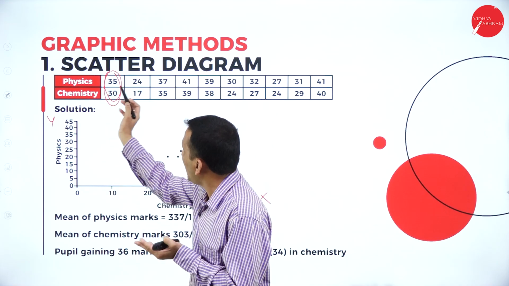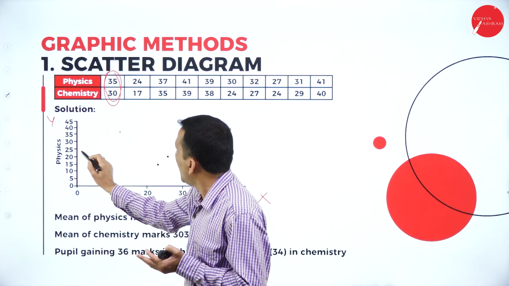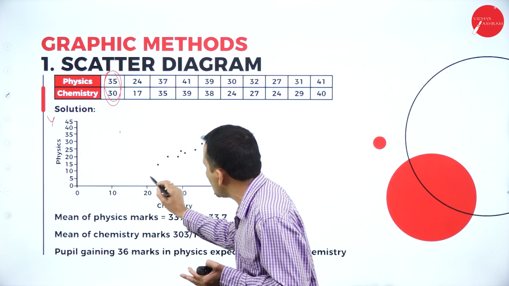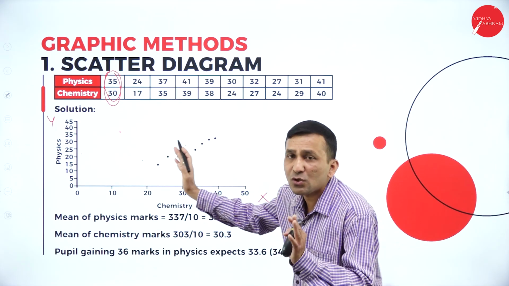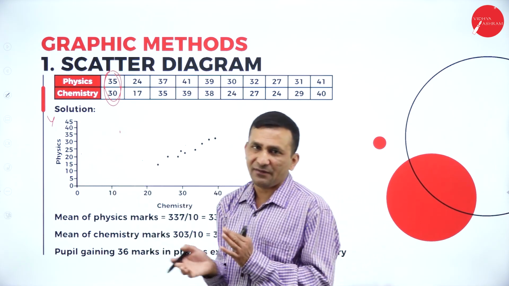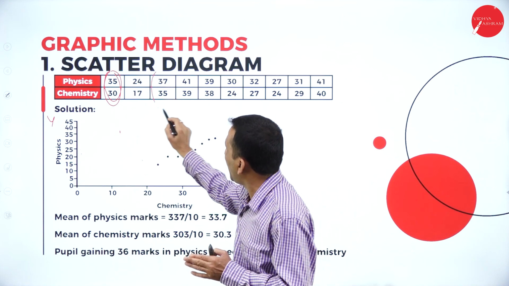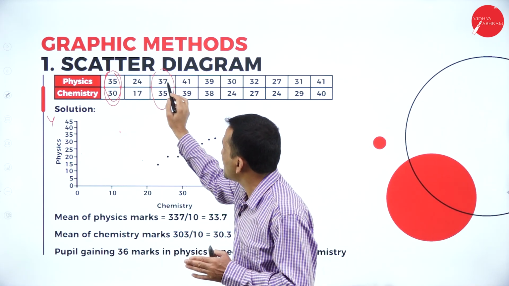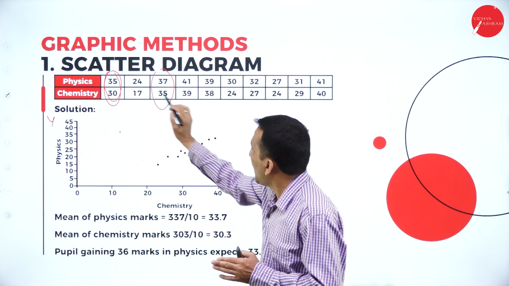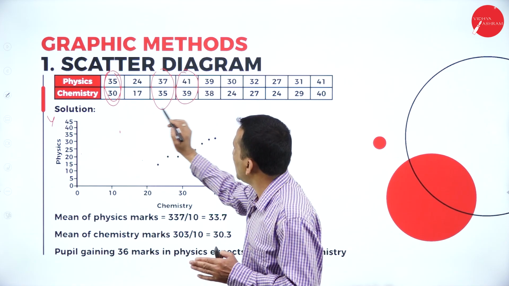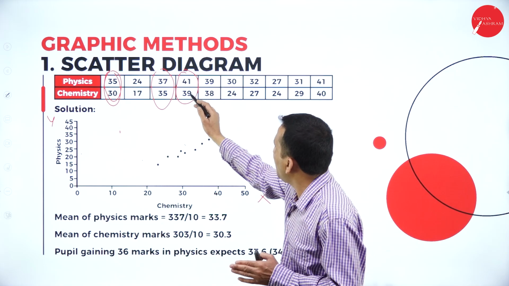Now the second pair: physics is 24 and chemistry 17, just opposite to 17. Because I did not use the graph, I cannot locate it exactly; if I used graph paper, I could. The third pair is physics 37 and chemistry 35, somewhere here. The fourth pair is physics 41 and chemistry 39.